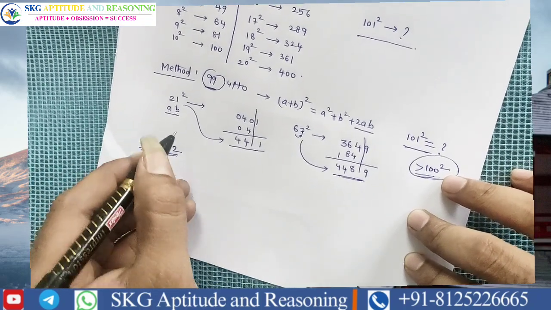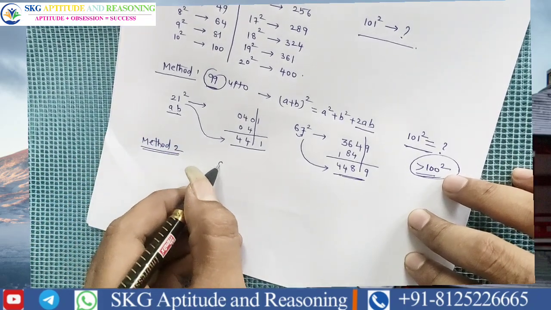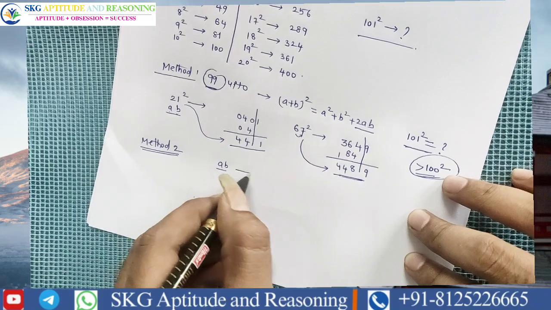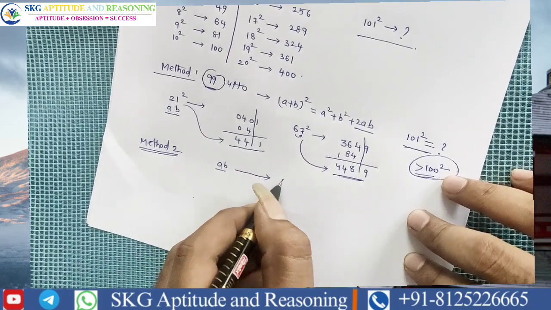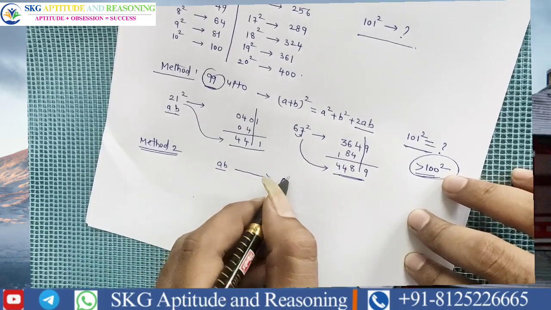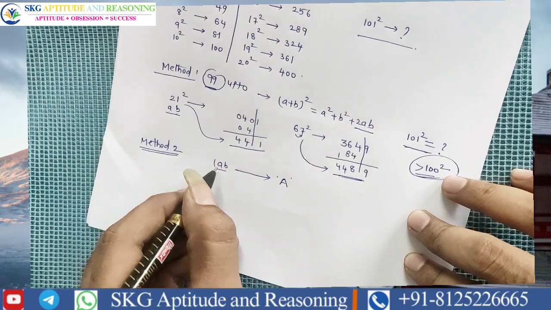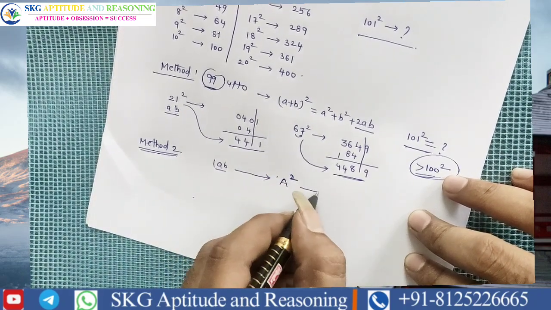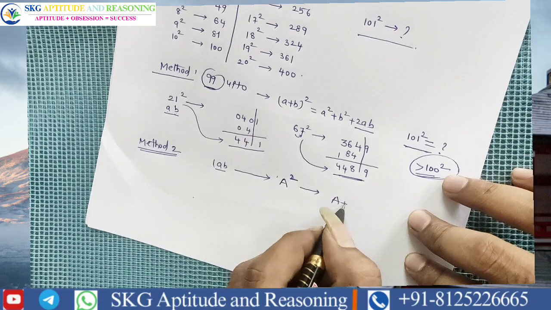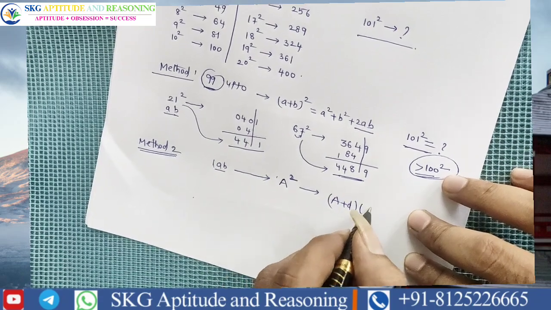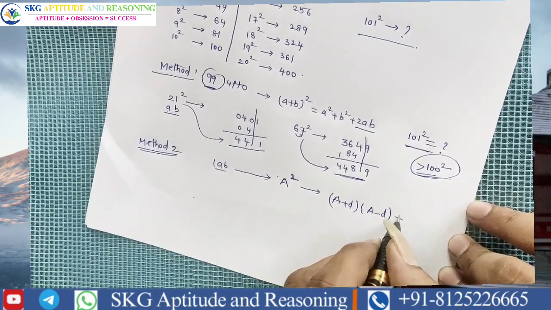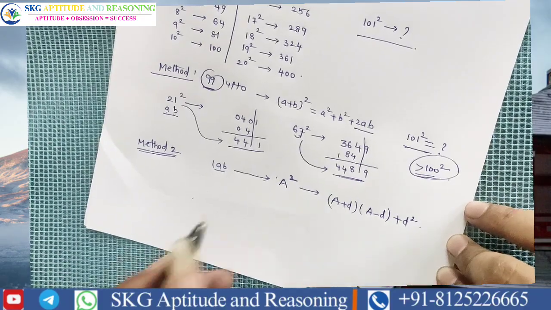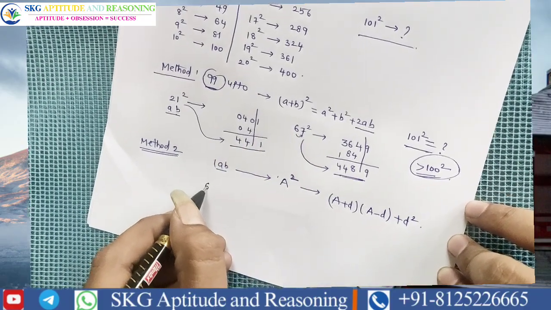In the previous method I assumed the number as ab, but in method 2, I am considering the number as capital A, or this number as A square. So this can be written as A plus D into A minus D plus D square. Already we found the square of 67.